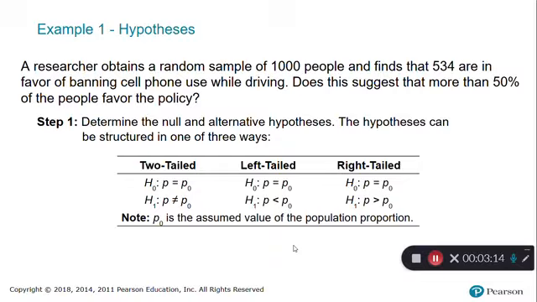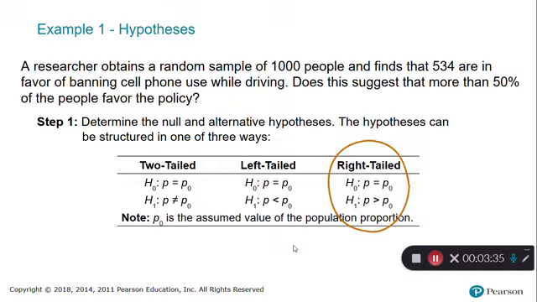For example here, it asked if this suggests that more than 50% of the people were in favor of the policy. Because I'm looking for more than, that means we want to use a right-tailed test. And we're not going to usually say P equals P0 explicitly.